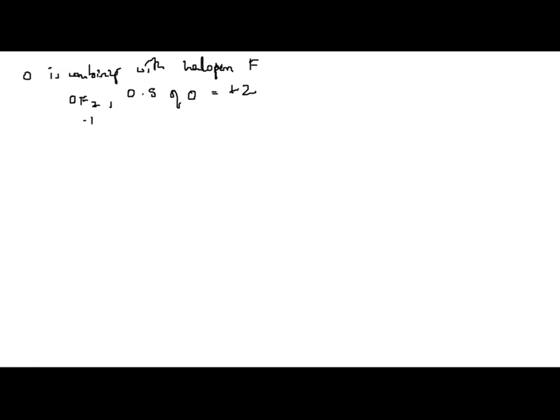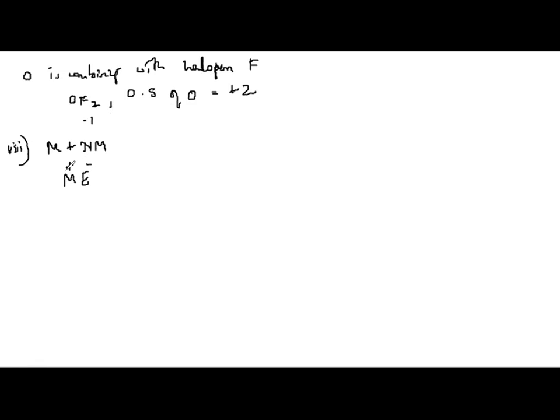Next point. These are very important points. We can calculate oxidation numbers if we know the standards. In compounds formed by the union of a metal with a non-metal, let me say M represents metal and E represents non-metal, the metal will have a positive oxidation state and the non-metal will have a negative oxidation state.